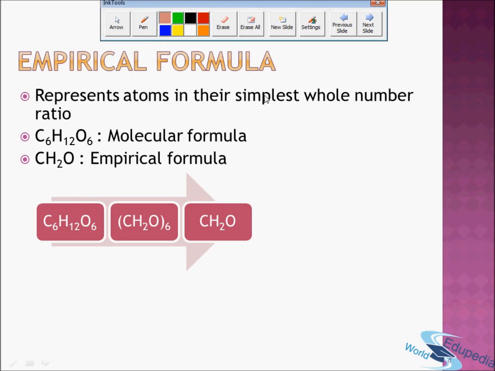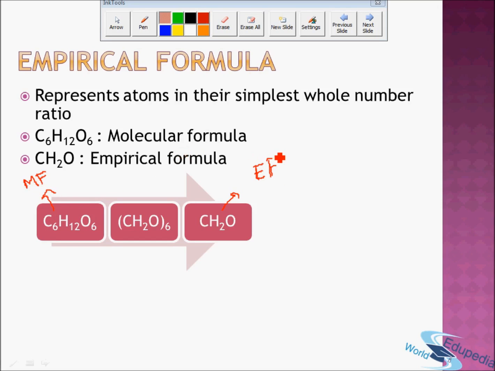So I can say that this is the empirical formula, let's call it EF, and this is the molecular formula, let's call it MF.